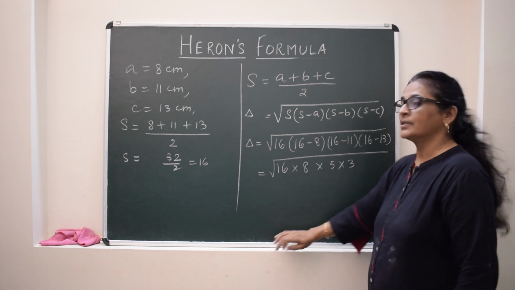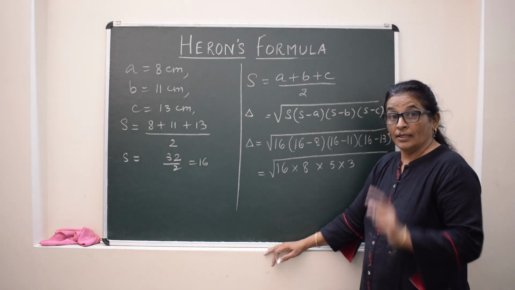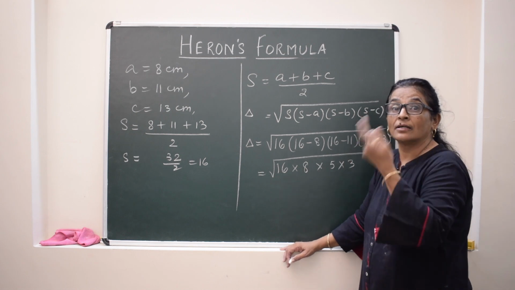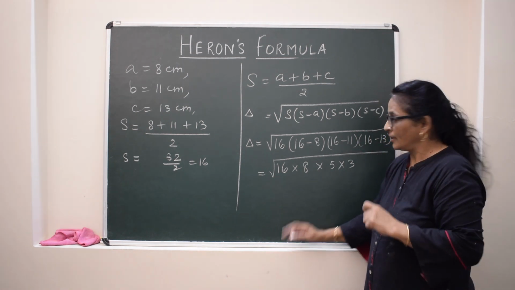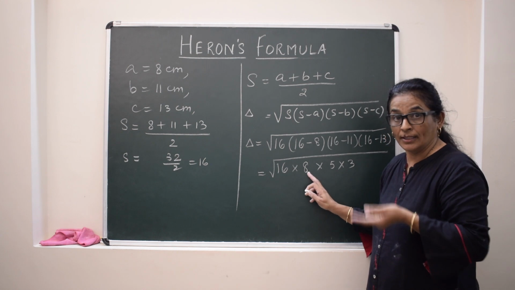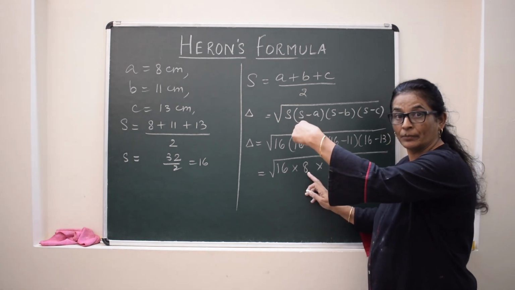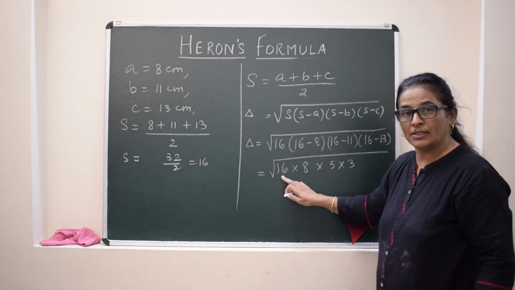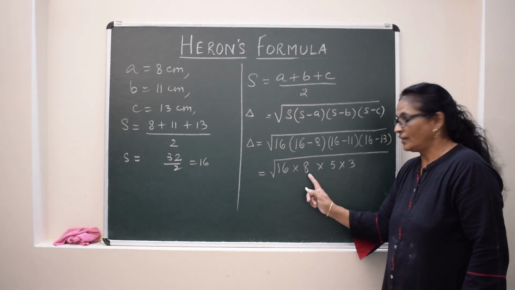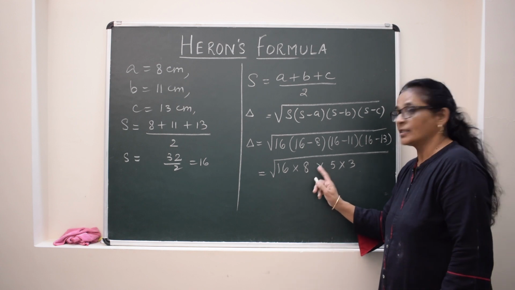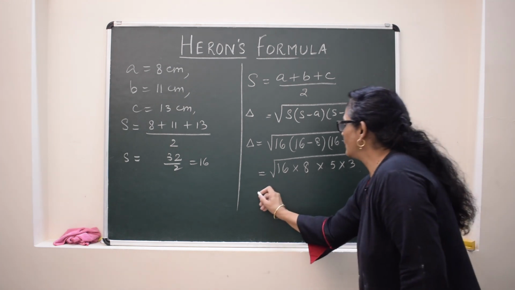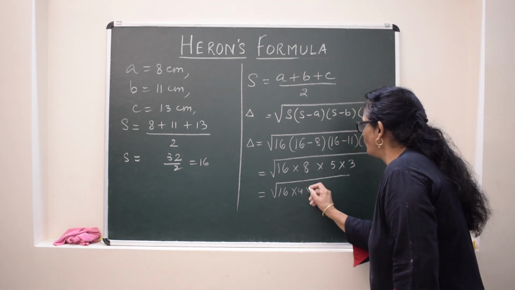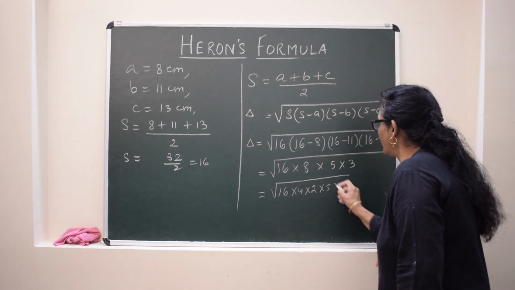When we get the numbers inside the radical sign, one thing we have to remember: we will not multiply all this and increase our calculation. Rather, we will factorize further and bring out the numbers which can be outside the radical sign. So the square root of 16 is 4, and 8 also we will factorize as 4 into 2. So we will rewrite it as 16 into 4 into 2 into 5 into 3.